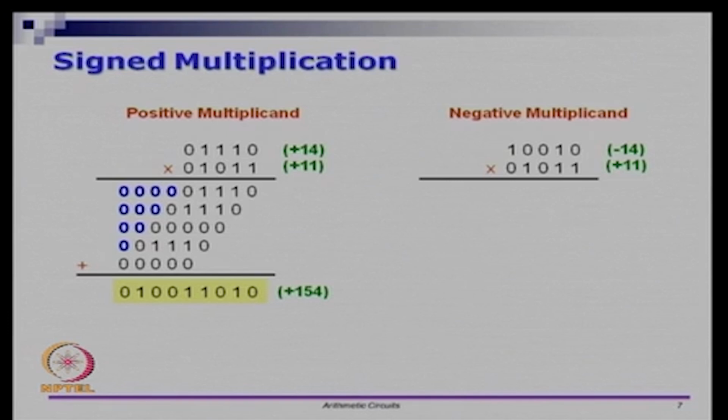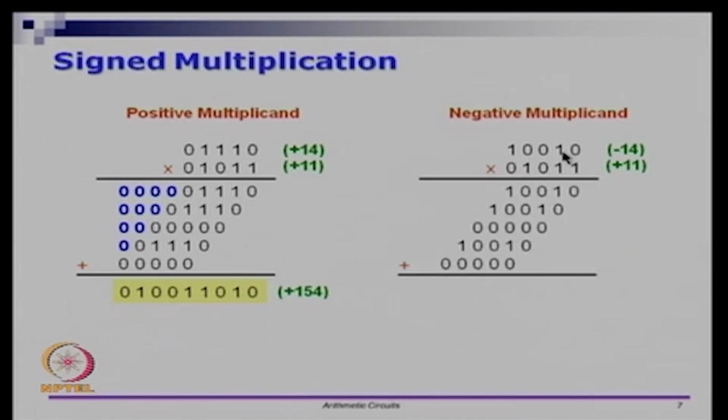If it is a negative multiplicand, however, in this case again we are assuming that the multiplier is positive. If the multiplier is positive, the multiplicand is negative, you generate the partial products as before, but you do not add them directly. Instead, you sign extend each of the partial products. This partial product is 10010, you sign extend it. For a signed number, extension means take the most significant bit and copy it till the leftmost one. Here again the most significant bit is a 1, you copy it to the leftmost, this is a 0, so copy it to the leftmost and so on.